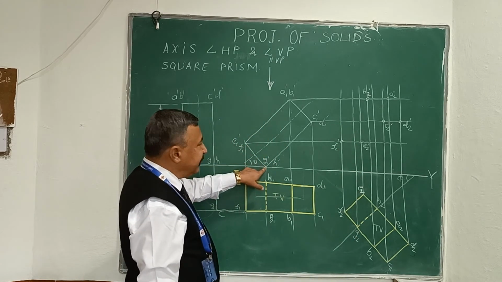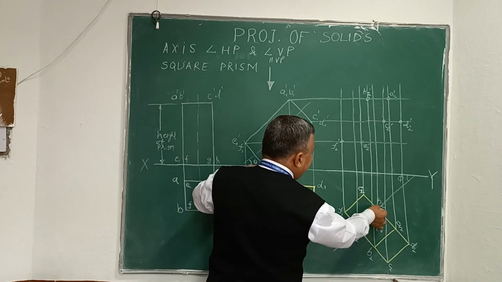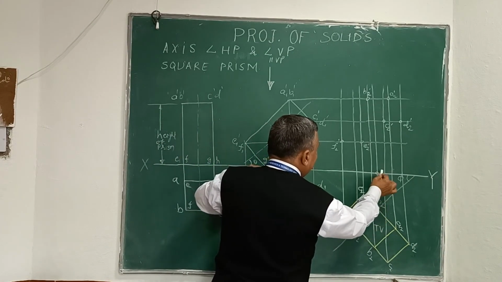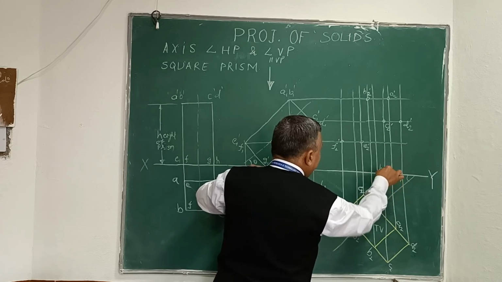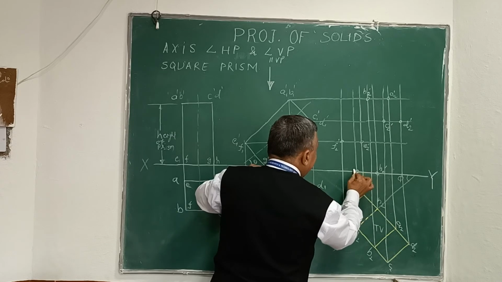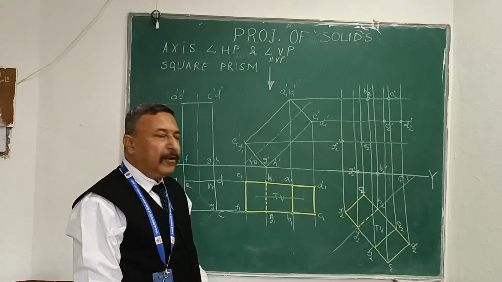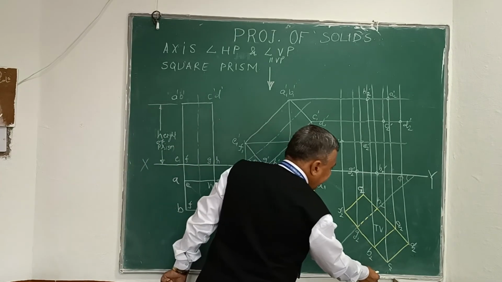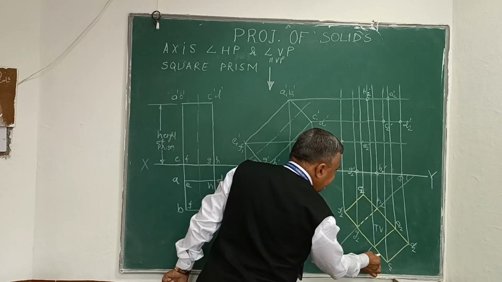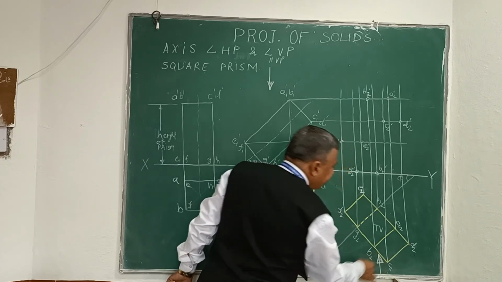Just like this, G and H are on XY, so this gives you point H2 dash and this gives you point G2 dash. Now after marking all points, same thing, from this direction we make an arrow.